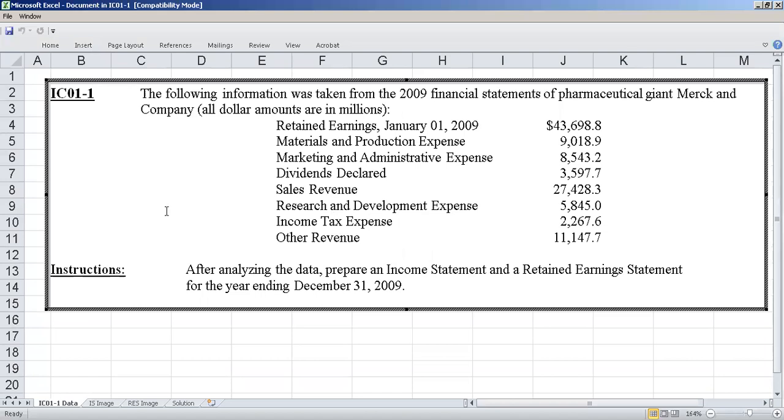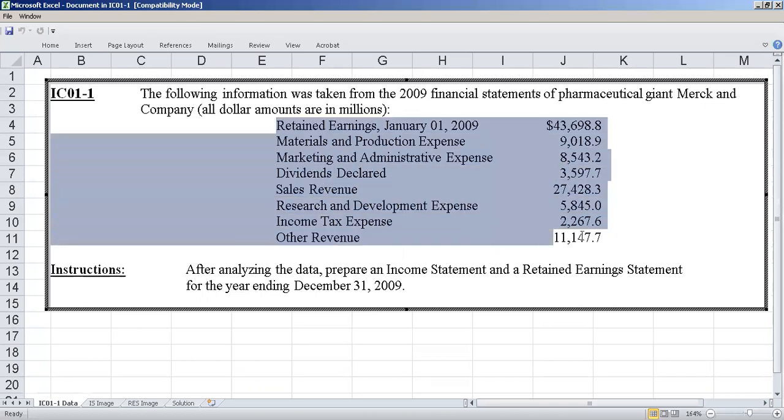So we know, because I just told you, that income statements have revenues on them and expenses on them. So we have to analyze this information. We have to look at all these accounts, and we have to decide which of these go on an income statement and which don't.